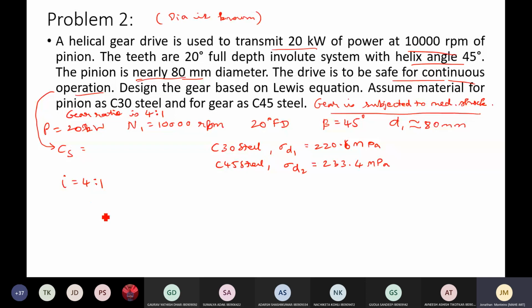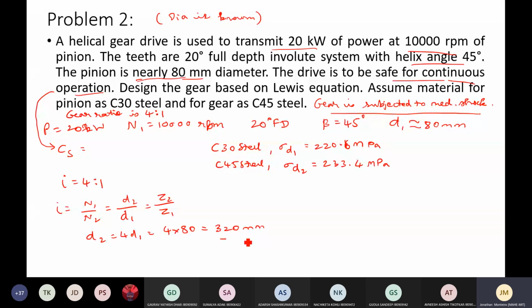So I is 4:1. You can immediately write, even for a helical gear this is true, N1 by N2 is equal to D2 by D1, which is equal to Z2 by Z1. D2 is 4 times D1, which is 4 into 80, which is 320.